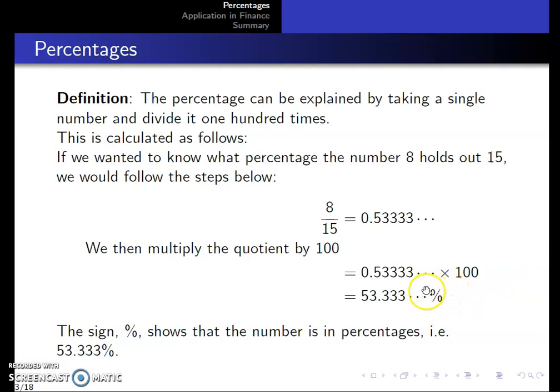Now, this percentage is very important, because without the percentage, it means that you've only calculated some number, but it's not actually a percentage unless you show the percentage sign. So without the percentage sign, you have actually not calculated the percentage.